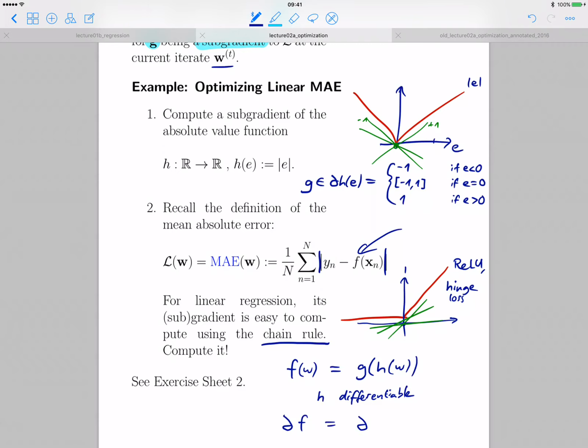It's a subgradient of the g function, times the gradient of the inner function, the h function.